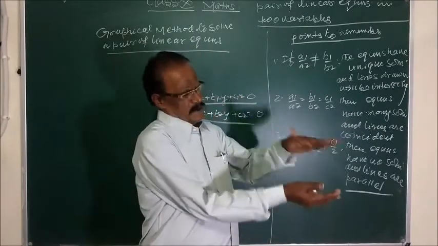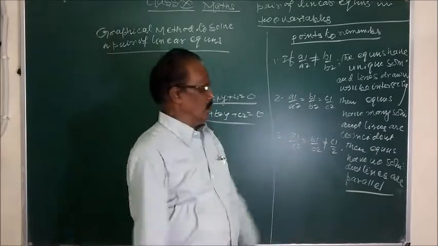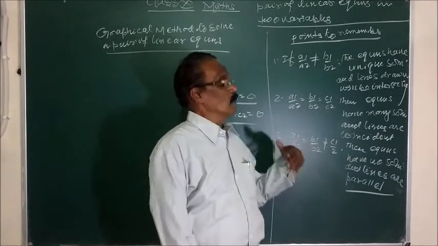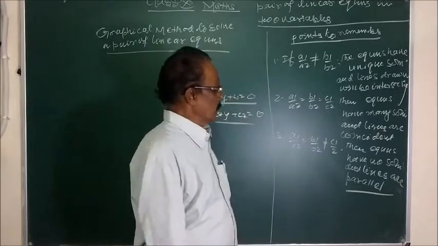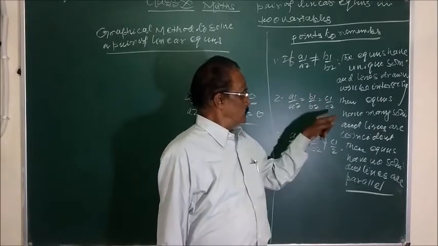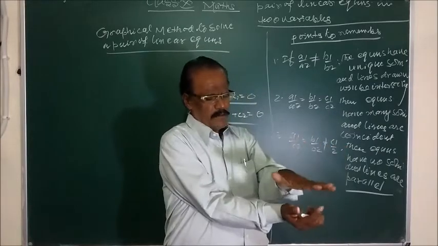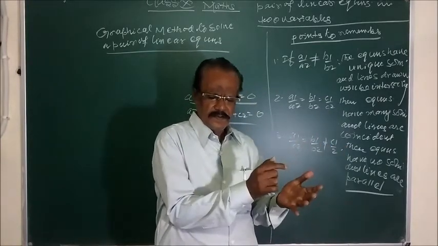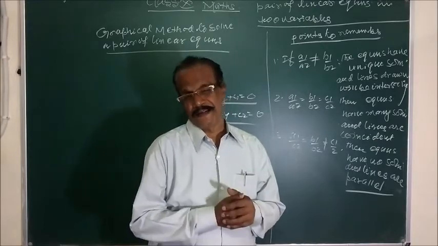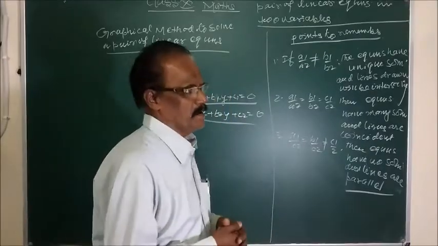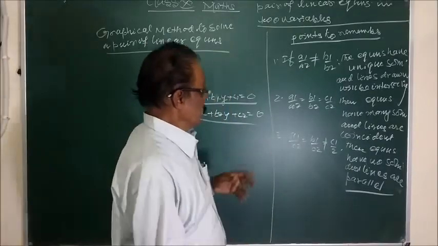Coincident means one line lying over the other line, so they are called coincident lines. And the algebraic interpretation will be that there will be many solutions, because all the points of both the lines are touching each other, and therefore there will be many solutions.